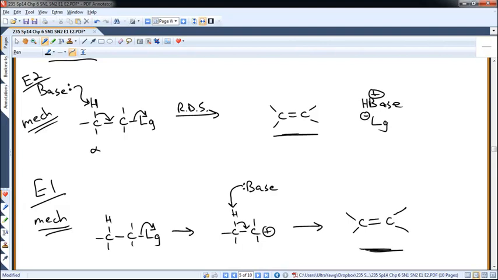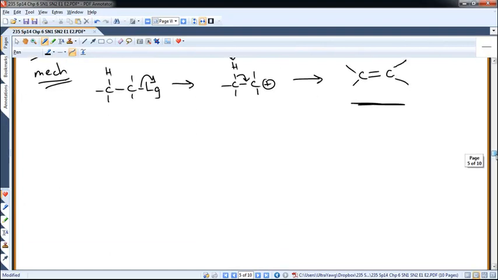Yes, therefore SN2 chemistry. Is it a 50-50 mixture? Yes, therefore SN1 chemistry. You can use the product to deduce the mechanism. You cannot do the same thing for elimination, unfortunately. You see an alkene, maybe it was E2. You see an alkene, maybe it was E1. You need other information to deduce which mechanism actually occurred.